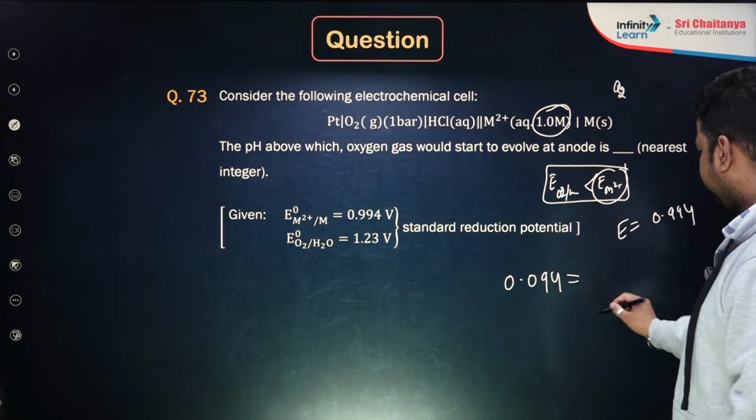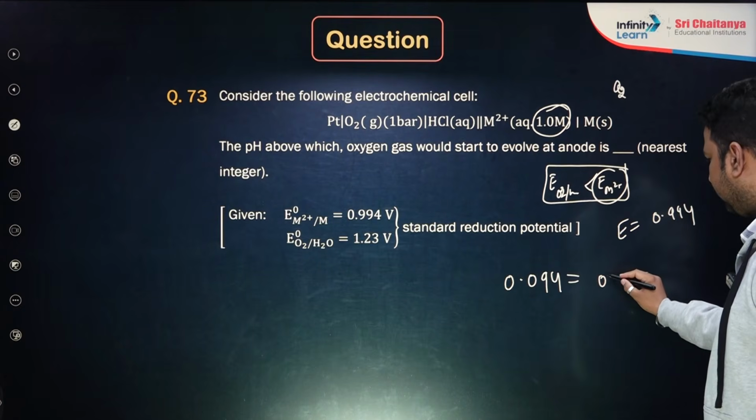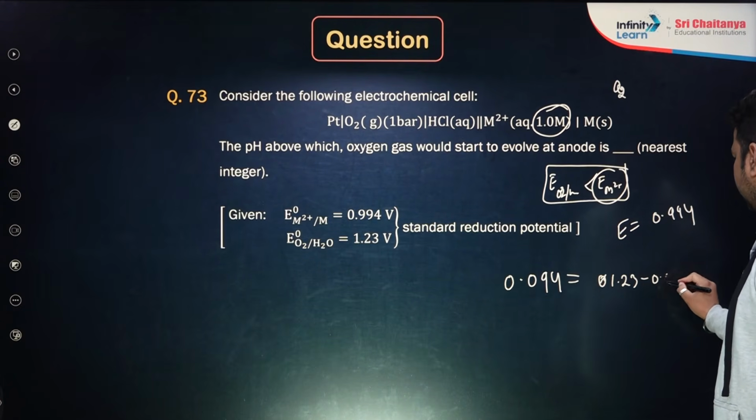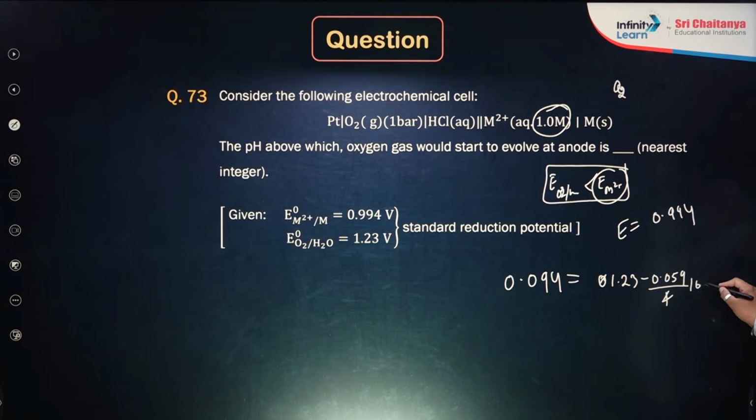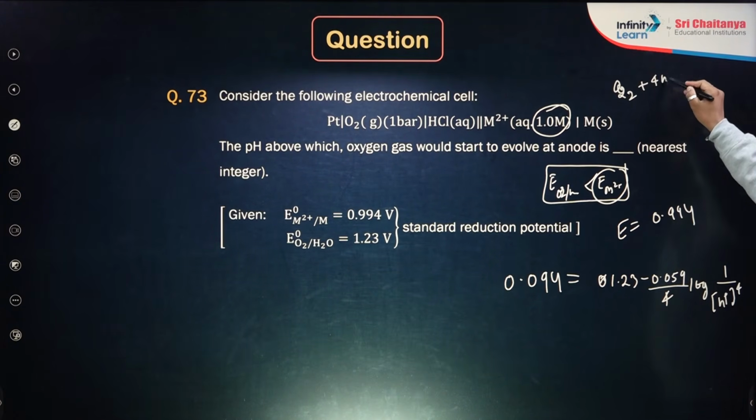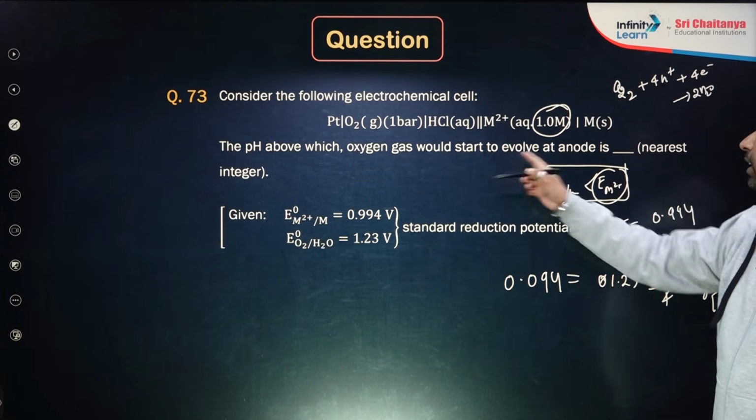For the second one, if you write the equation for O2, I can write directly 1.23 minus 0.059 over 4, log of 1 upon the concentration of H+ to the power 4. The reaction is O2 plus 4H+ plus 4 electrons giving 2H2O, because oxygen will liberate at the anode.